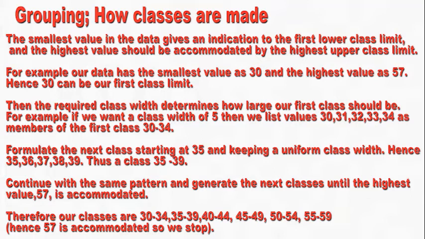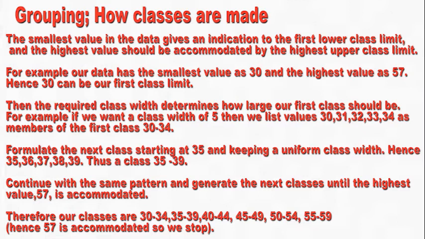We then formulate the next class starting at 35 and keeping a uniform class width. Hence 35, 36, 37, 38, and 39. And thus the class would run from 35 to 39. We continue with the same pattern and generate the next classes until the highest value, in this case 57, is accommodated.